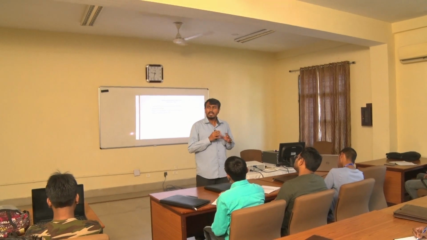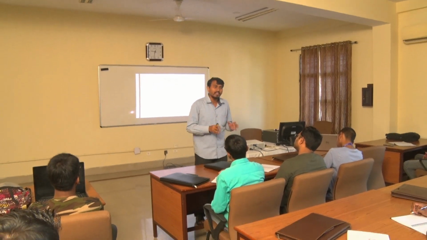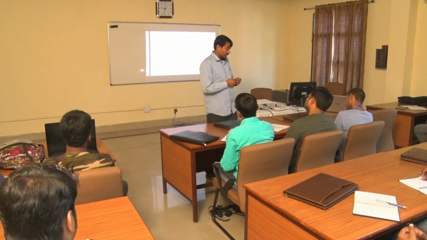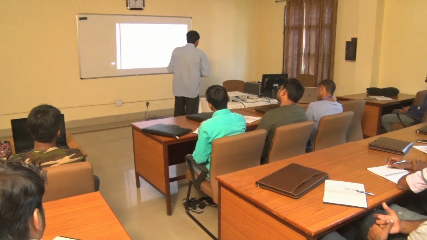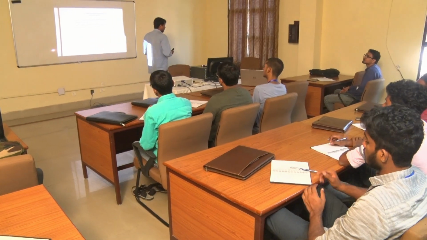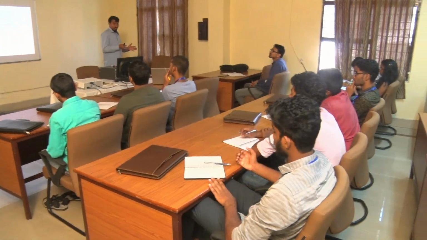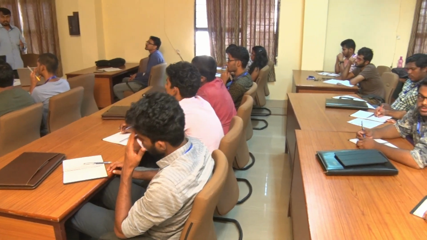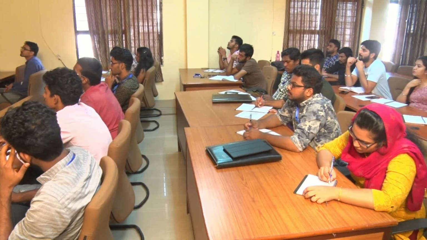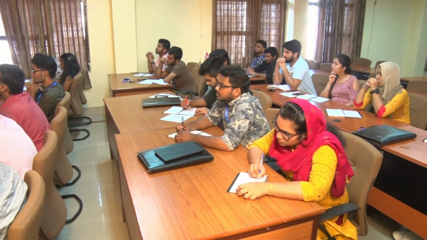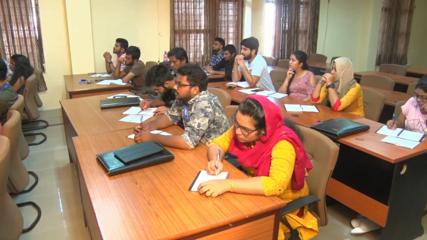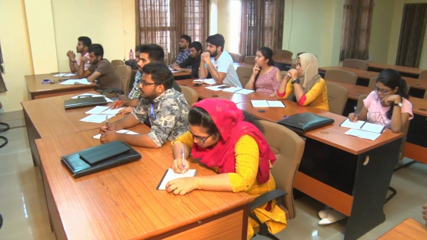RQD will tell many things about the quality of the rock, really. Because RQD takes into consideration core pieces longer than 10 centimeters, and sums them up against the total drill core length, and if it is 90% or 85%, then it is good.